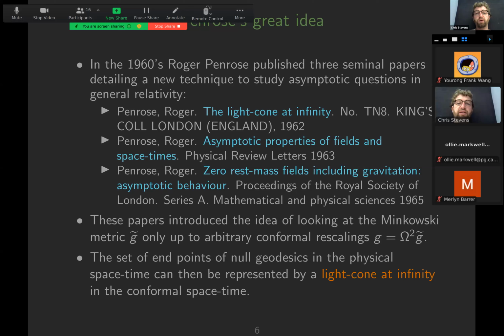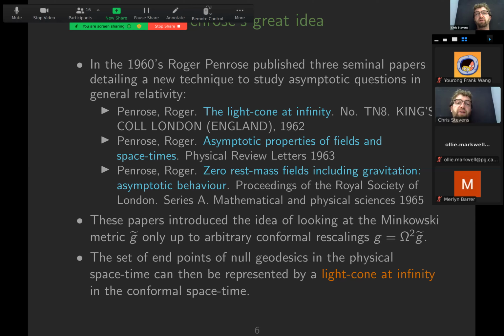And so he did this for Minkowski space, and he basically said, well, when omega is equal to 0, that would correspond to infinity of the physical space-time that you're compactifying, which of course is not in the physical space-time. The points at infinity are not in the physical space-time, right?